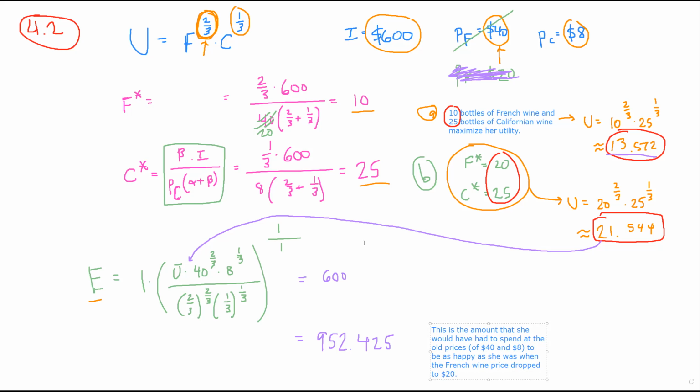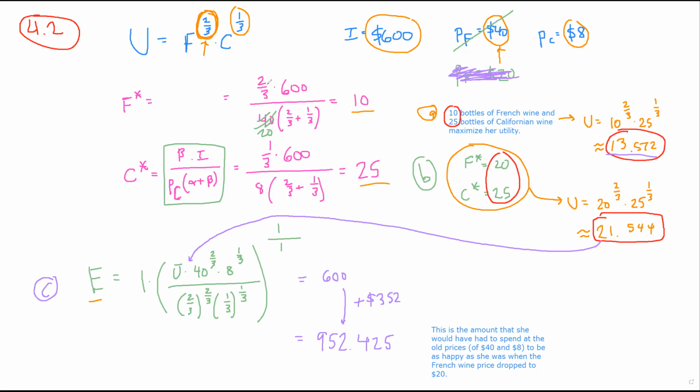She would have had to have 352-ish more dollars in order to be as happy as she was in the second scenario due to the price decrease. And I think that's your answer. That should be your answer to C. At least this is how I would measure it. Any questions on that?